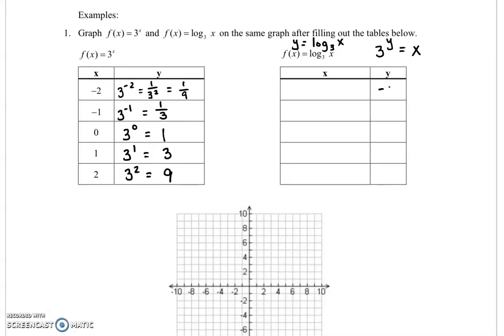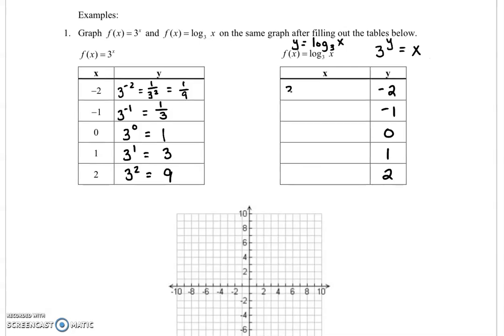So we're going to put numbers in for y, and let's put the same numbers in that we did when we did our exponential, but they go in for y, and this time we figure out what x is. So 3 to the y is x.